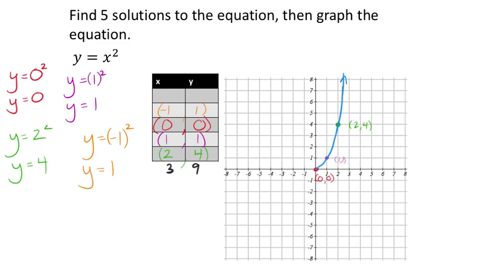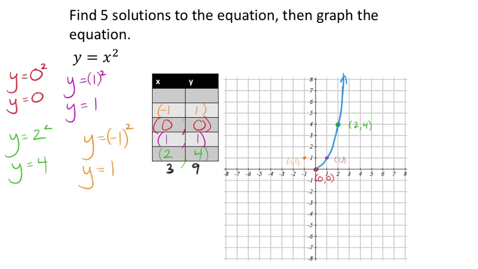Yes, we have. Remember when we said x is 1, then y was +1? Well, when x is -1, y is +1. That's because it's a negative times a negative, and so we end up with this ordered pair, (-1, 1).